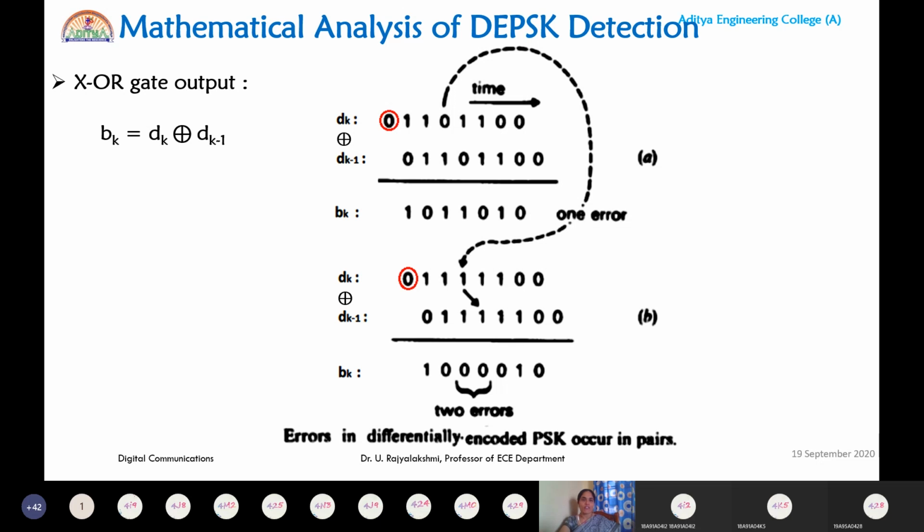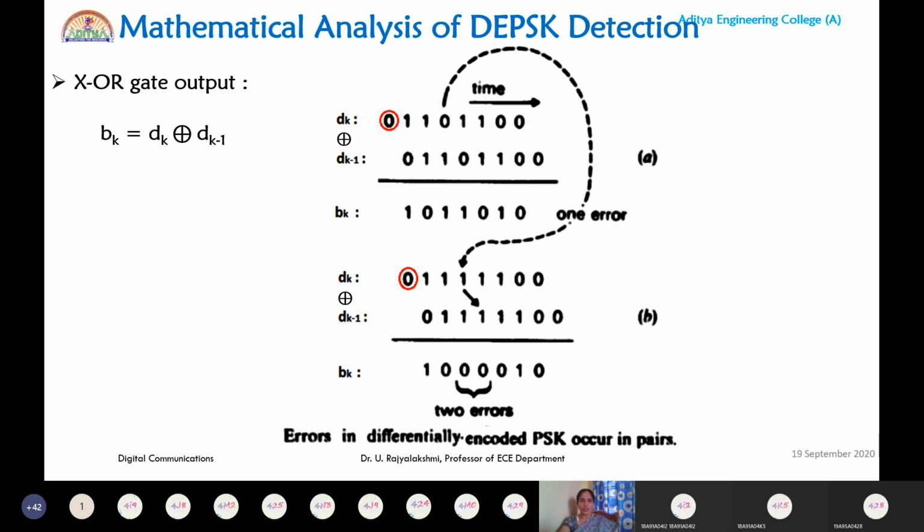For example, let us introduce an error in the 5th location from LSB, or the 4th location from MSB, as I marked with the arrow line. Instead of 0, we got 1. Let us see the operation.